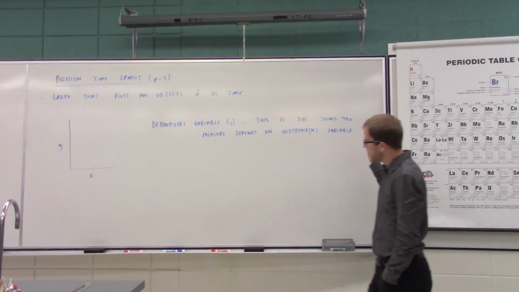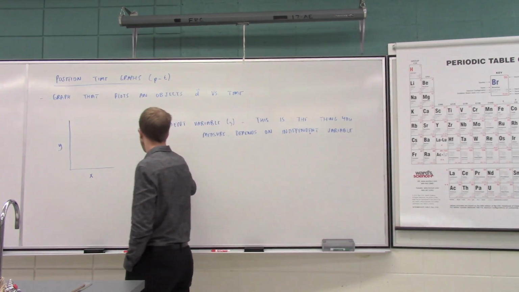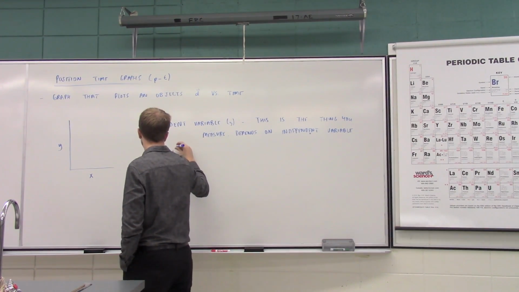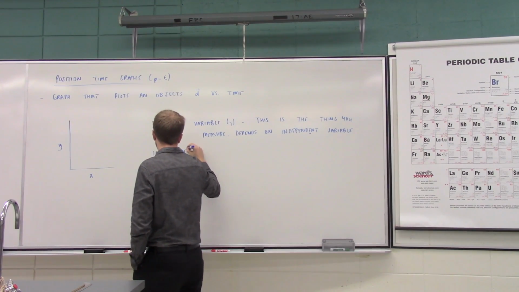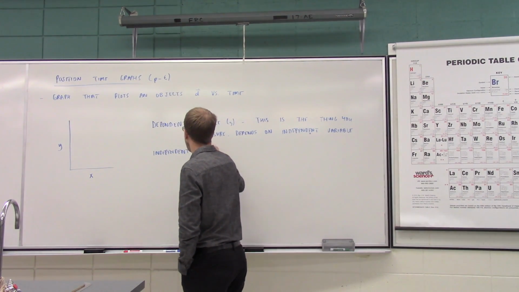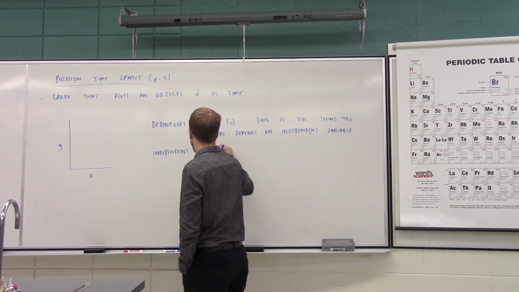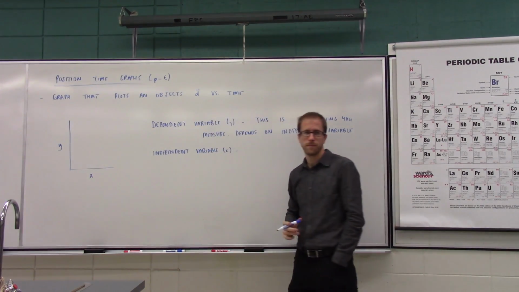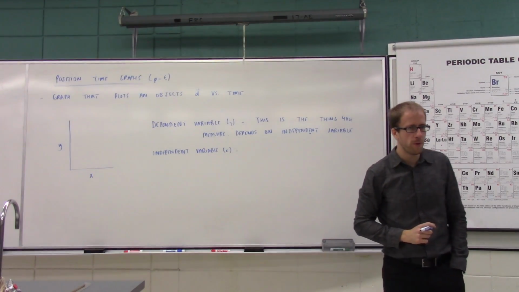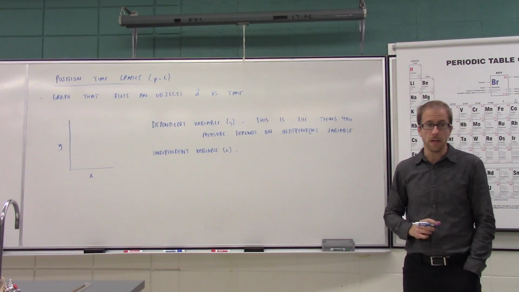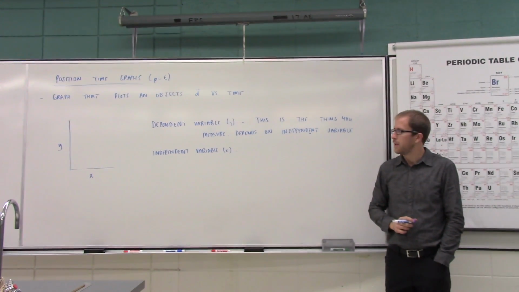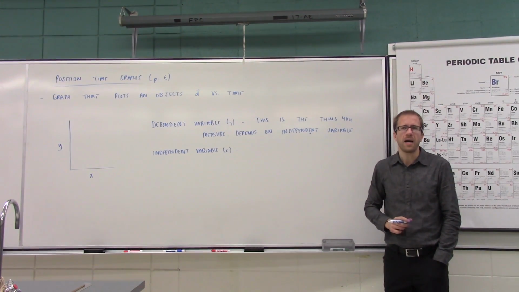Now, my independent variable is my x, and it's independent of my y. My independent variable is independent of my dependent variable. This is the thing that you kind of set during your experiment.